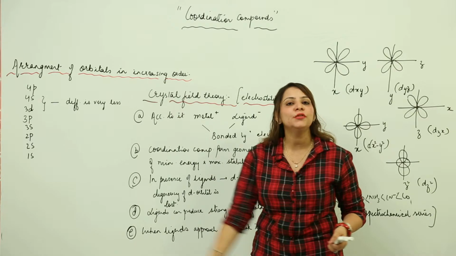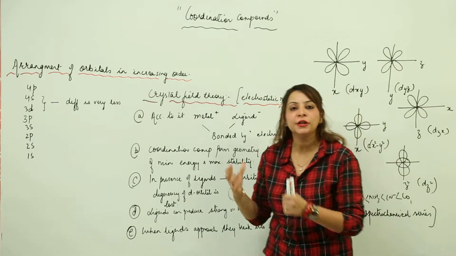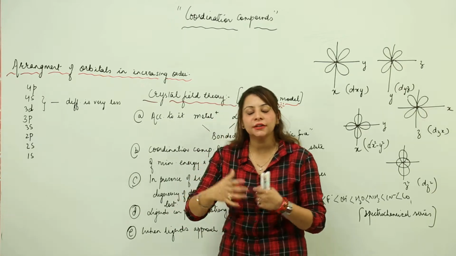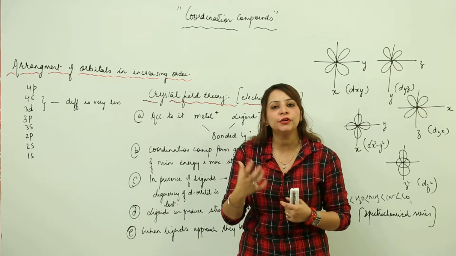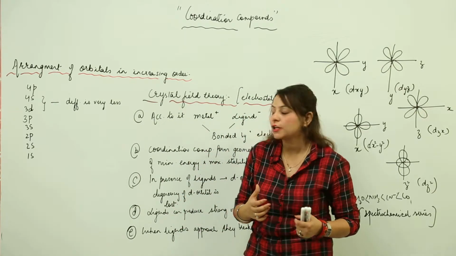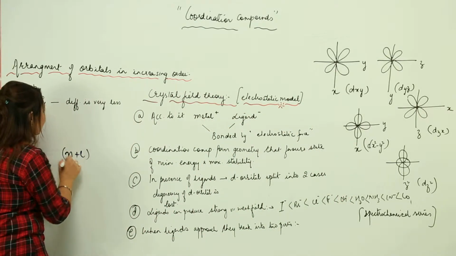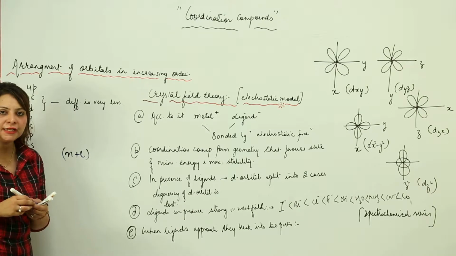Before we start with crystal field theory, I just want to remind you that according to the Bohr-Bury rule, we divided the different orbitals in order of increasing energies. There we took the sum of n plus l and arranged the orbitals in order of increasing energies.